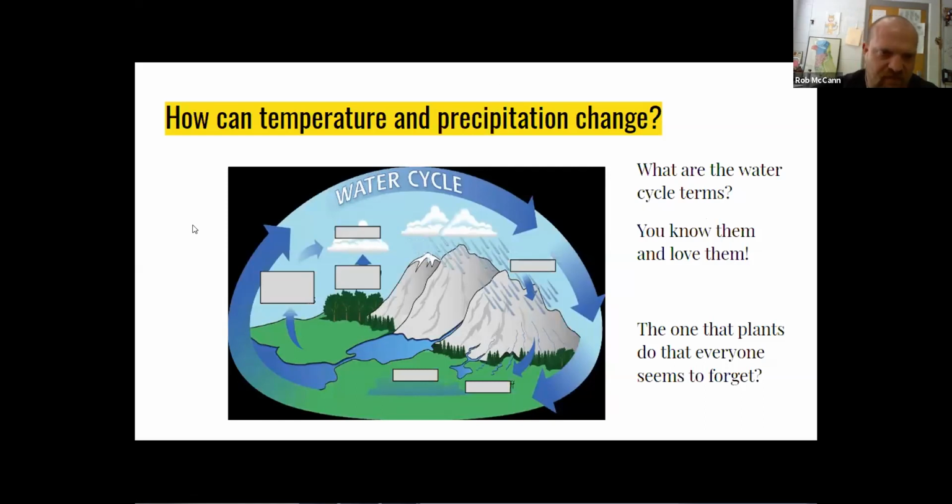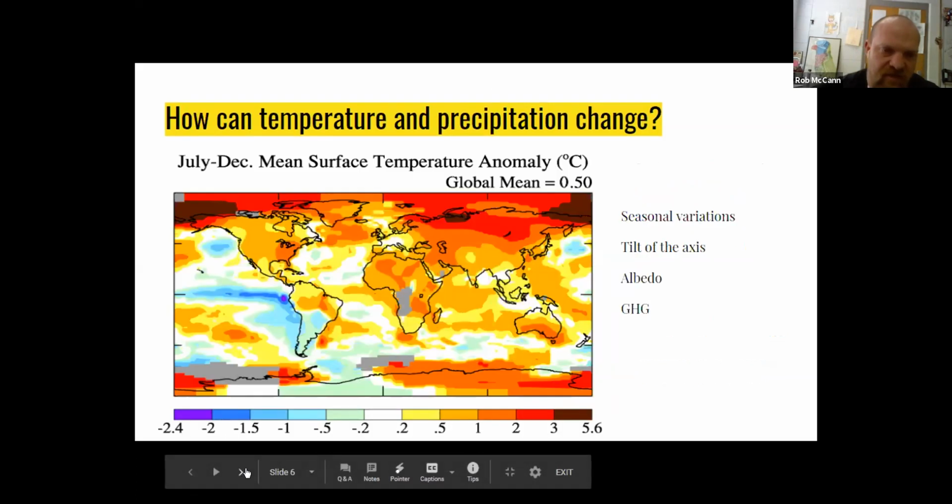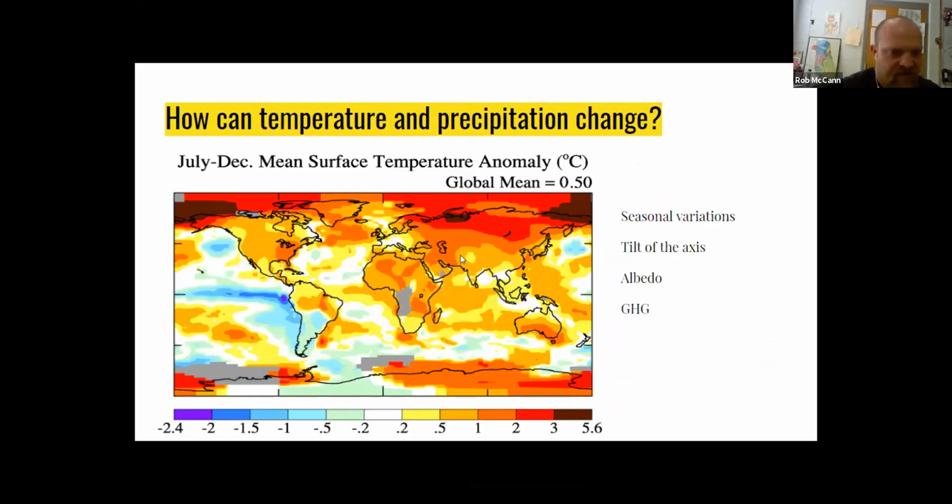So we talked about climate change and precipitation. Let's look at climate change as it relates to temperature. We've got this graph here, thermal imaging of temperature. We get seasonal variations in temperature. We've got four seasons: spring, winter, summer, fall.